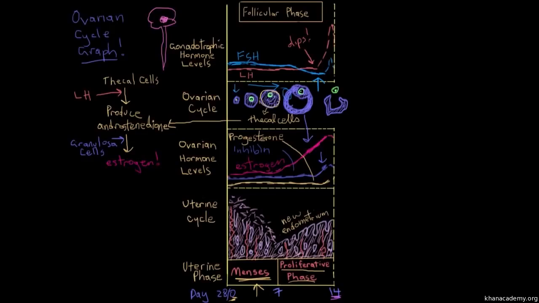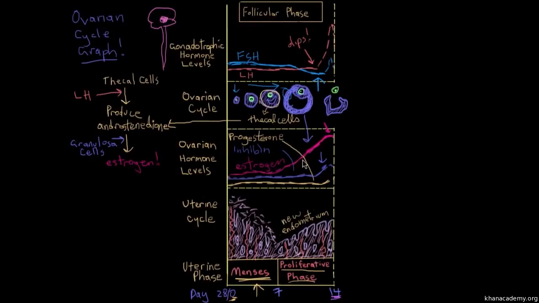You might think that's the end of the interesting stuff. It gets even more interesting. Do you remember how we said that as estrogen gets higher and higher, it stops the hypothalamus and the anterior pituitary from making more FSH and LH by a bit of negative feedback? Well, it turns out that if estrogen reaches a super high level, like up here, it actually causes the brain to want to release more FSH and LH.